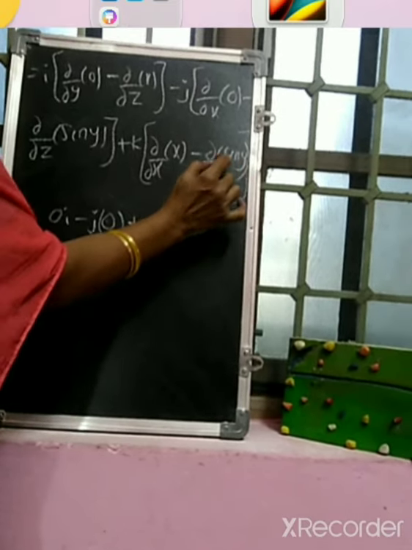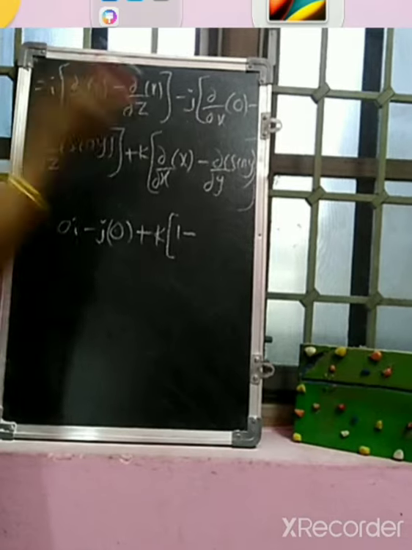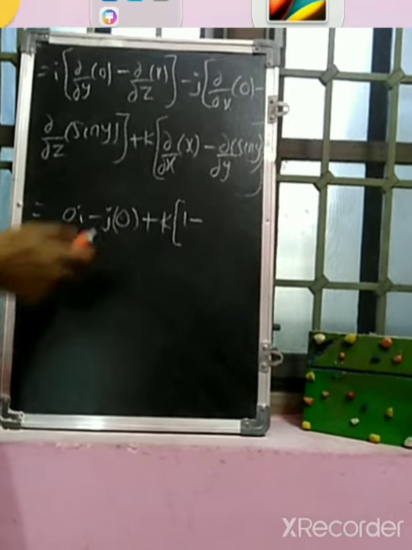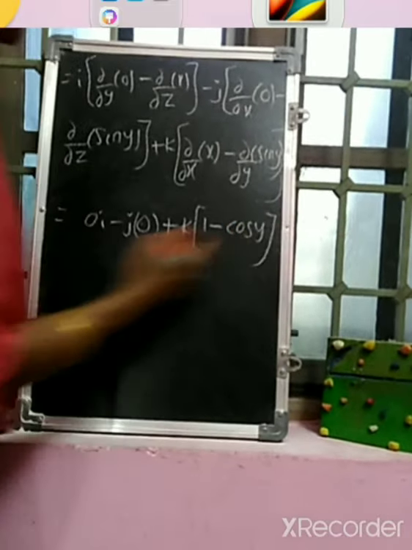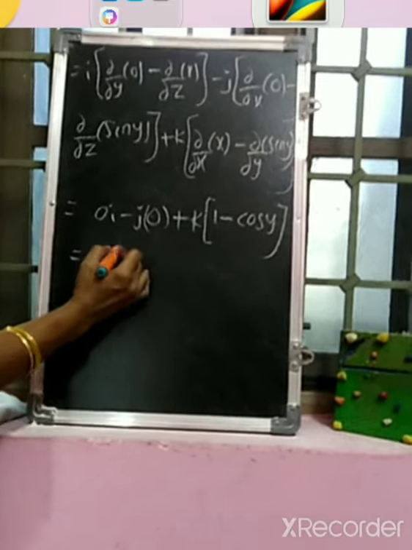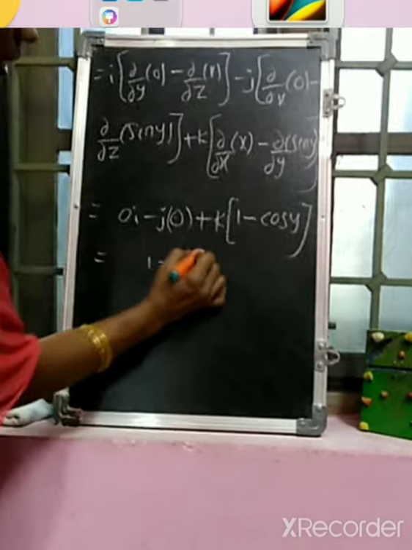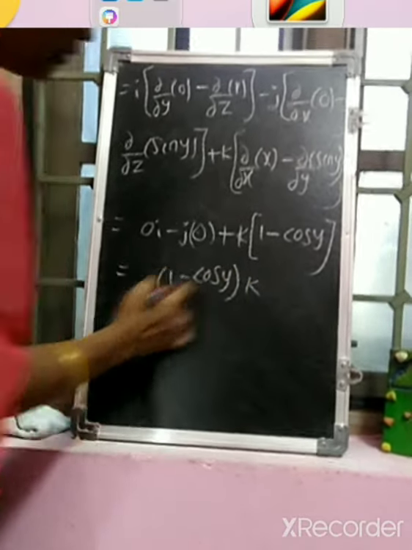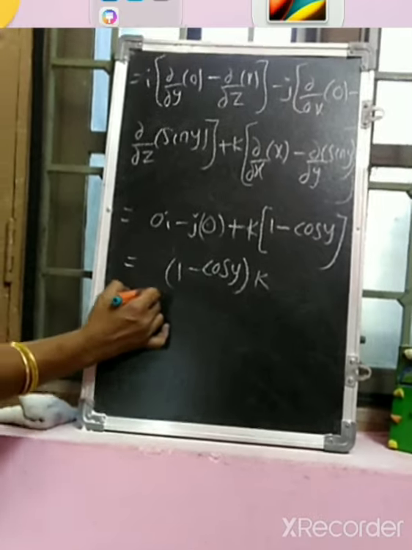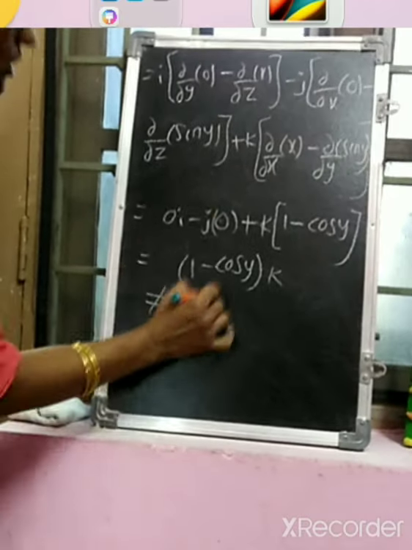The derivative of sin y is cos y. Therefore the final value is (1 minus cos y) k. Is the value 0 or not? The value is not equal to 0.